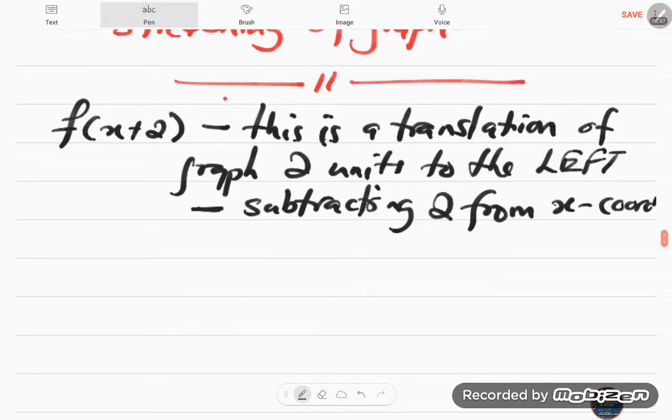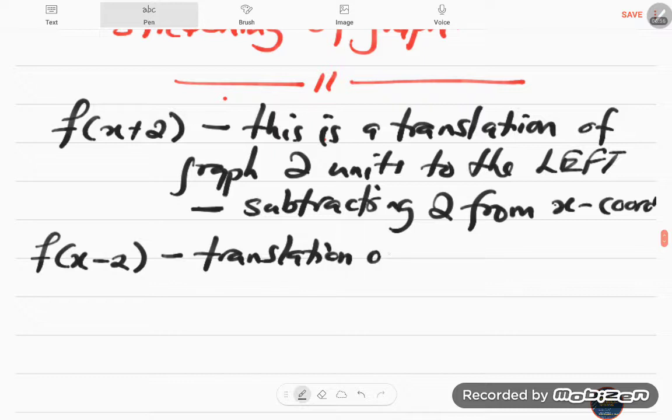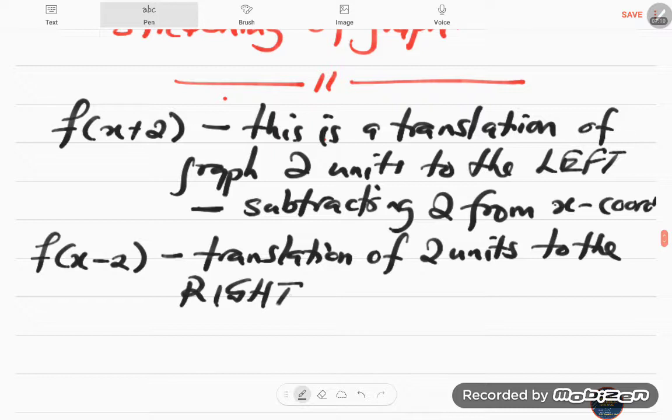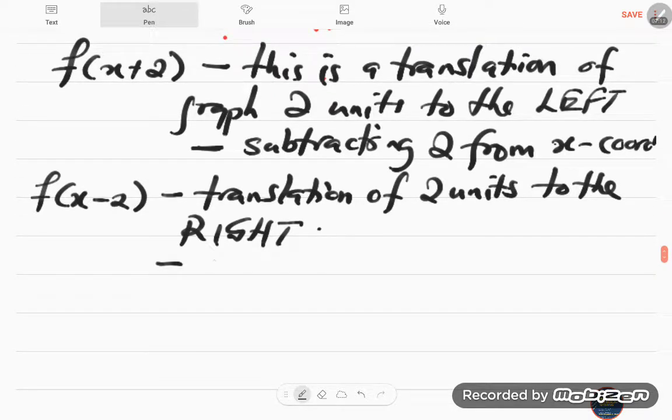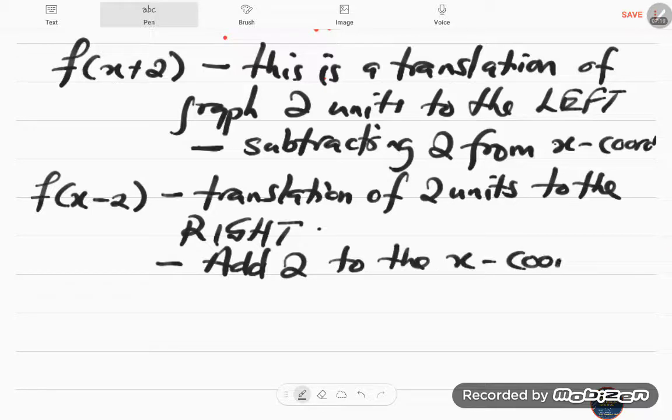Okay, and similarly, this one is going to be a translation of 2 units, because it's a subtraction and it's inside the bracket, which means we're going to have an opposite effect. 2 units to the right. And what does that mean? That we add 2 to the x coordinates. Okay.